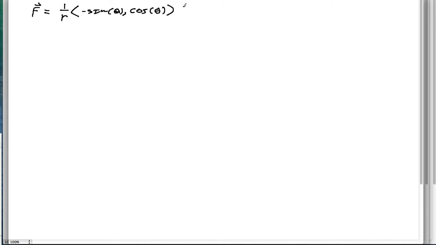Okay, and we can also write this as negative y over x squared plus y squared, and x over x squared plus y squared. We wanted to establish before, is F conservative?